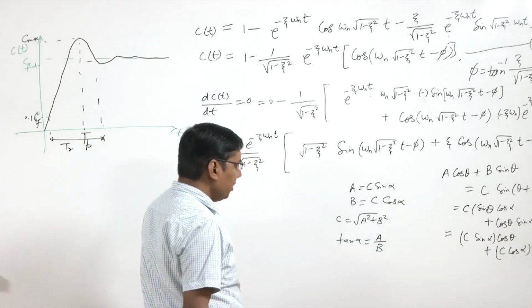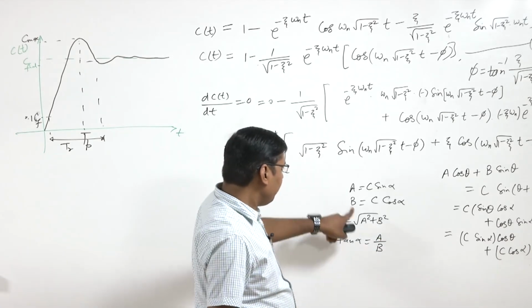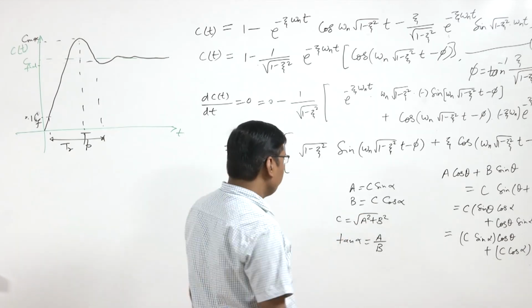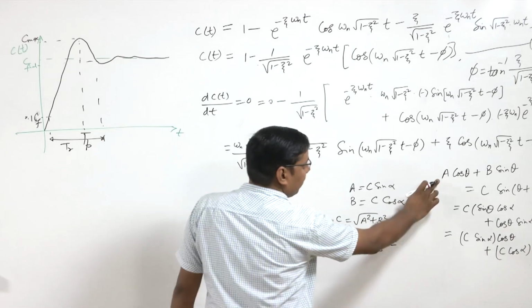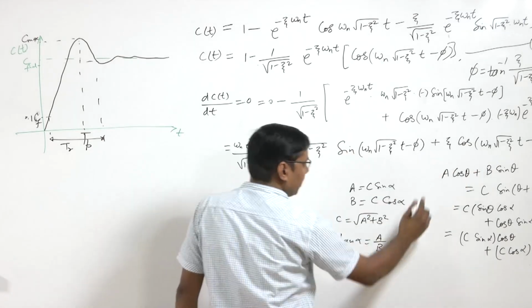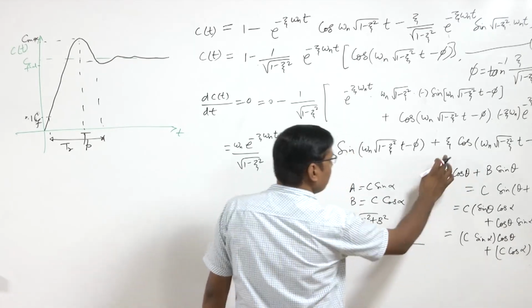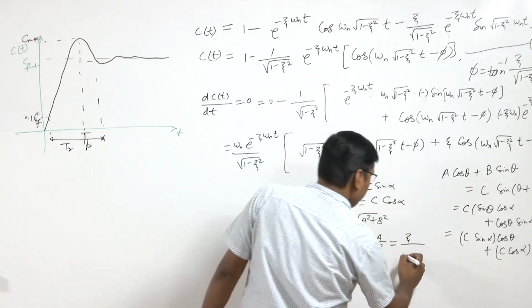So we can get a upon b equal to tan alpha. So here a equal to zeta, and b equal to root 1 minus zeta square, if we compare this.